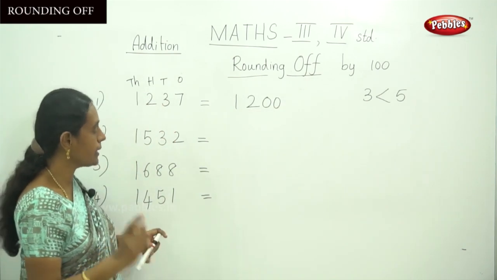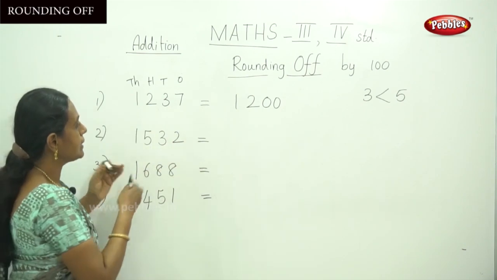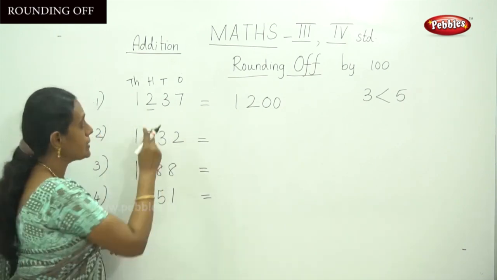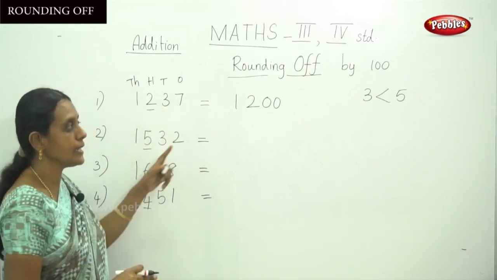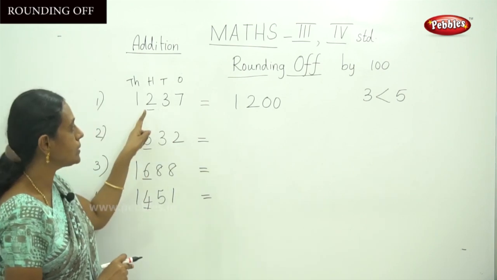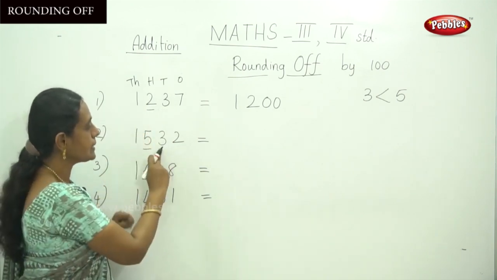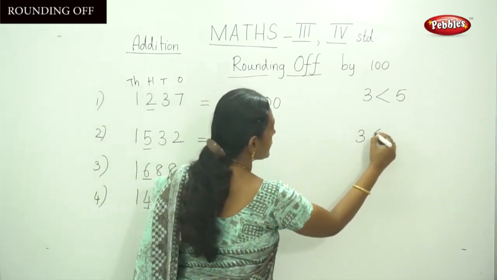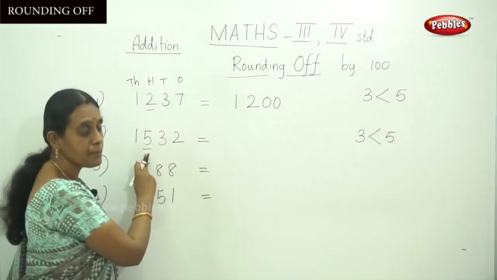I will repeat once again, children. For rounding off by 100, observe the hundreds place number, and check the tens digit. Observe this number, 3 is lesser than 5, so write down the same 100. And here also that is 3, lesser than 5, so write down the same 100.